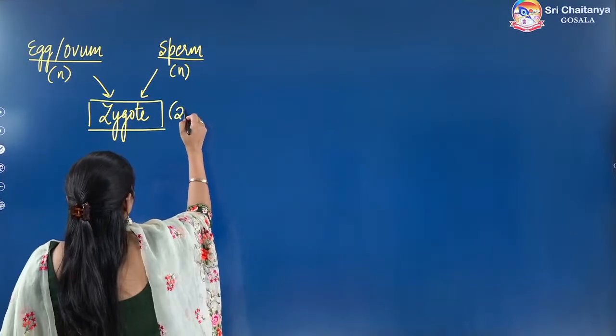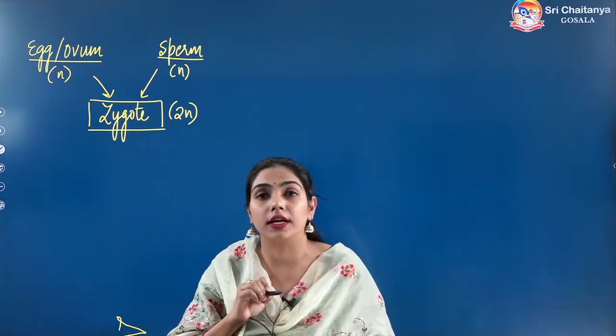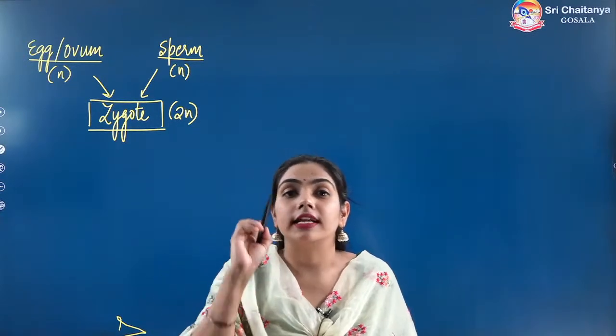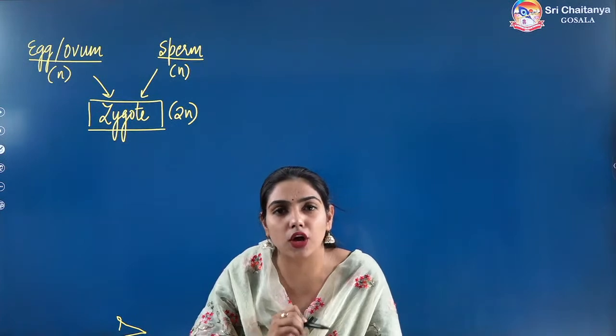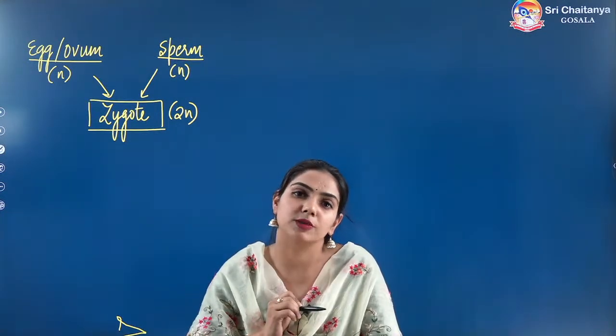Zygote is a diploid structure. 2N stands for diploid. So how many chromosomes will be there in the zygote? 46 chromosomes: 23 came from the ovum and 23 came from the sperm.